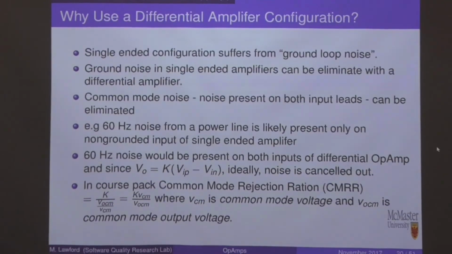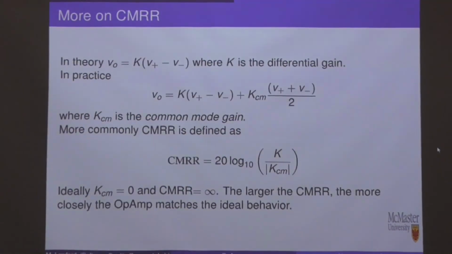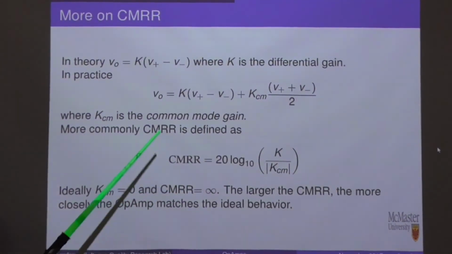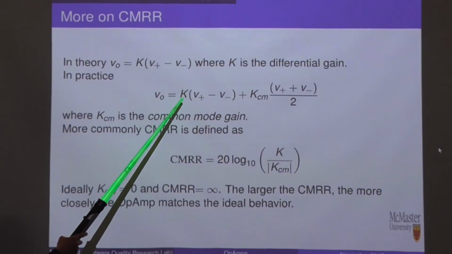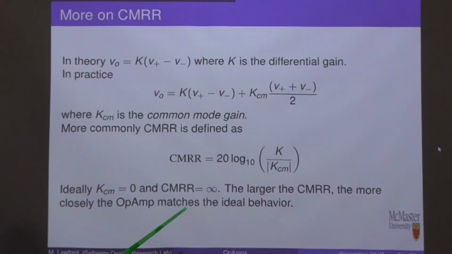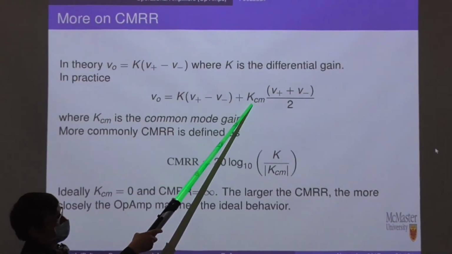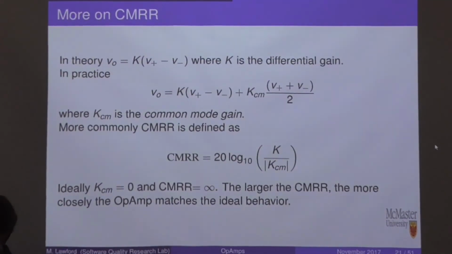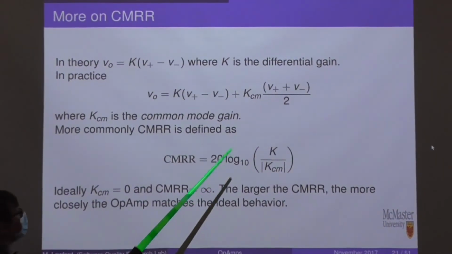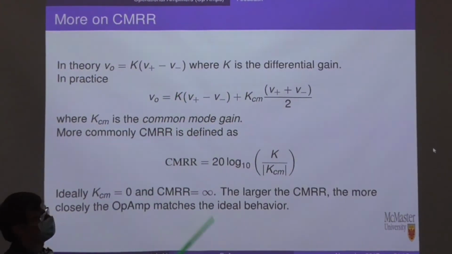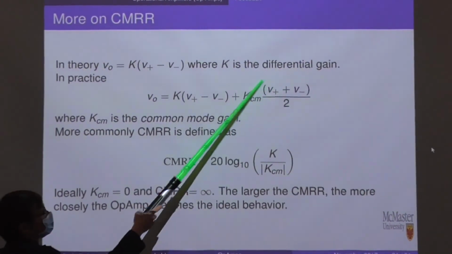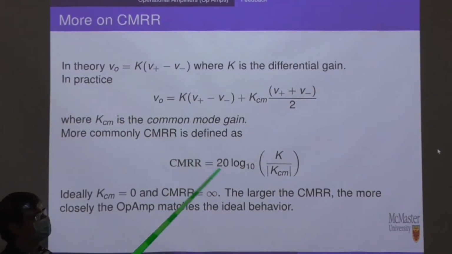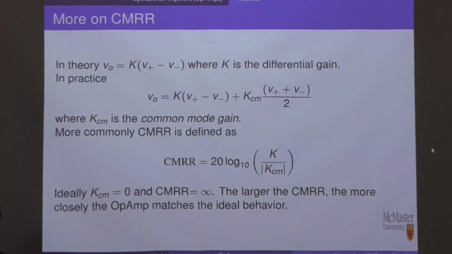So the gain itself is the sum of those two terms. What we actually have in an op-amp is the output voltage being equal to K times the difference between the two leads, plus the common mode gain multiplied by half the sum of those two leads. Both of these terms are there. The degree to which this term is there throws off the ideal of the amplifier. Ideally, we want this gain to be as close to 0 as possible.